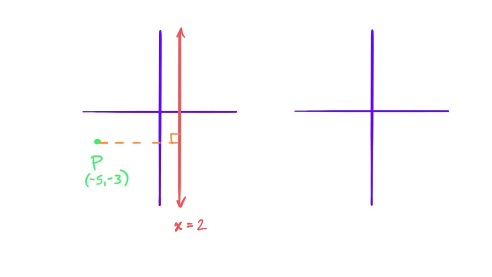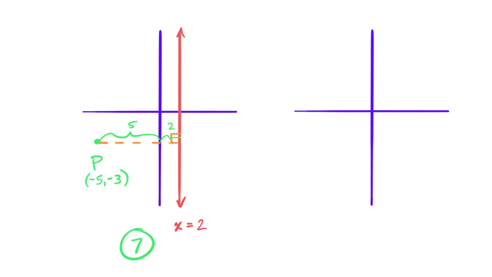And we could say, well, it's going to take me 5 units to get to my y-axis, another 2 units to get to the line. Okay, the distance from P to the line, 7 units.